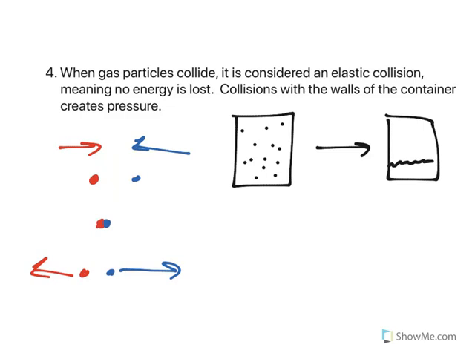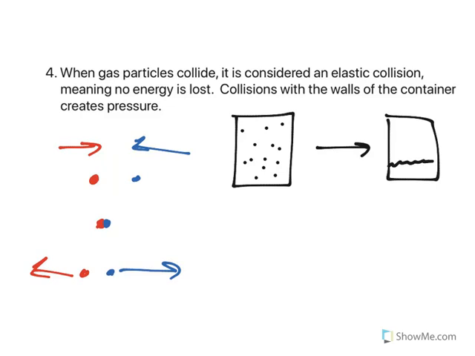Now we know this isn't true because if you fill a balloon, you can come back days later and the balloon hasn't condensed into liquid breath. It is still your gas particles. So this means these collisions between these particles are perfectly elastic, meaning no energy is lost.